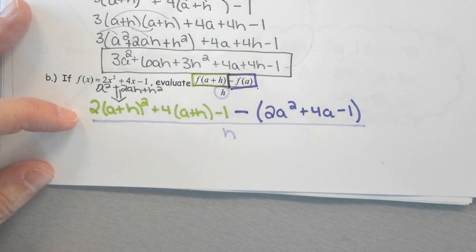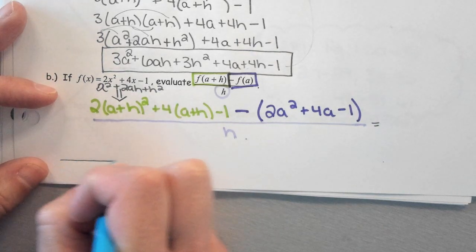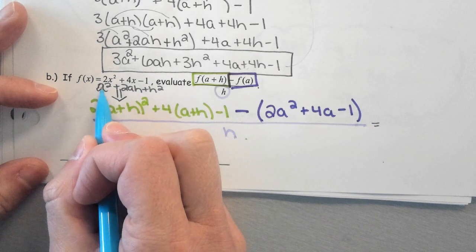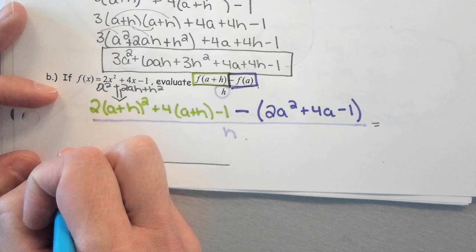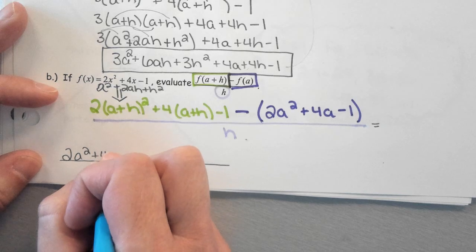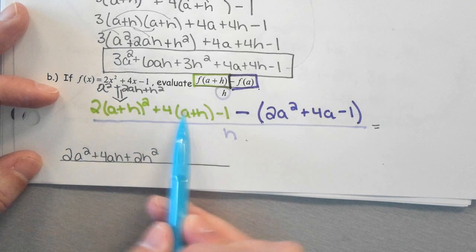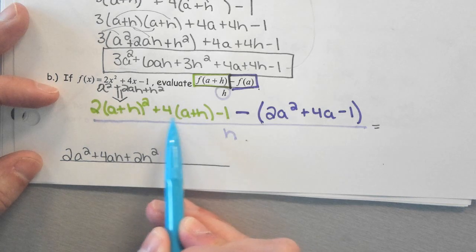So I'm going to go ahead and distribute the 2 at the same time. So again, you might be able to feel like you can do more at once in some cases. So 2a squared plus 4ah plus 2h squared. Over here, 4a plus 4h.